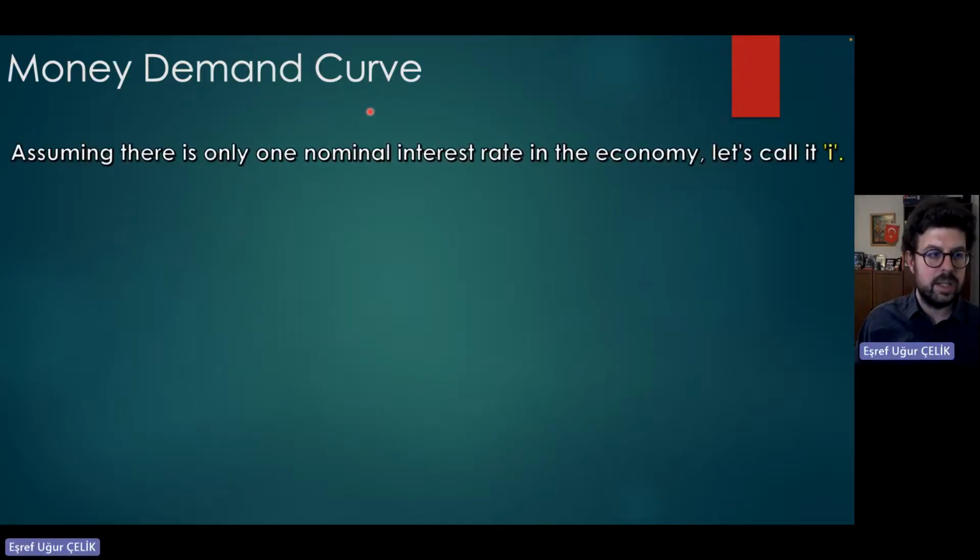Okay, let's give more detail. And we assume that there's only one, to make it easy for understanding. There's only one nominal interest rate, and we can denote it with i.